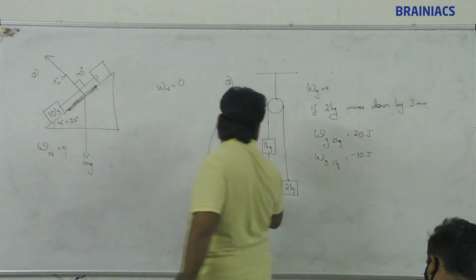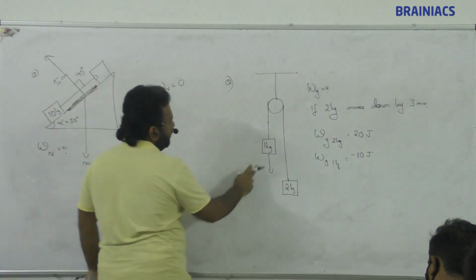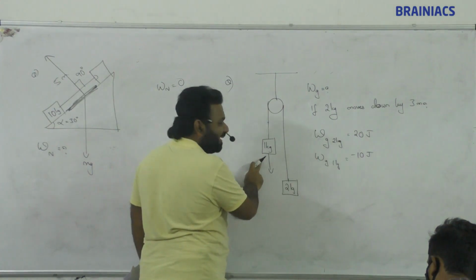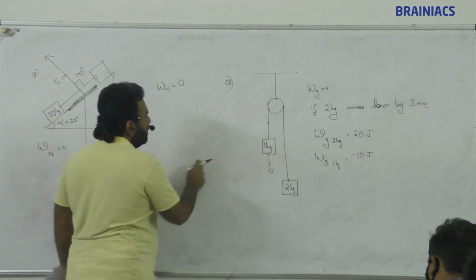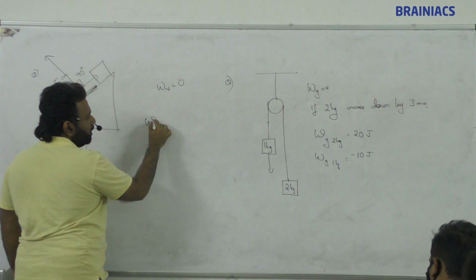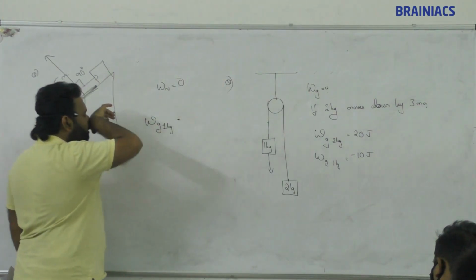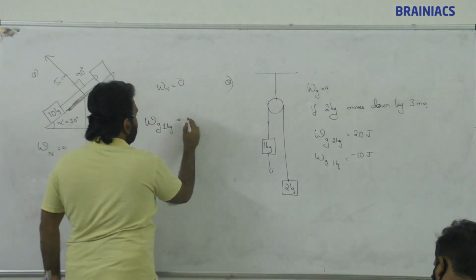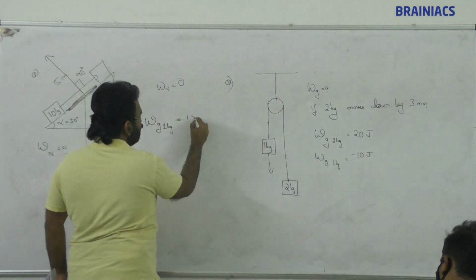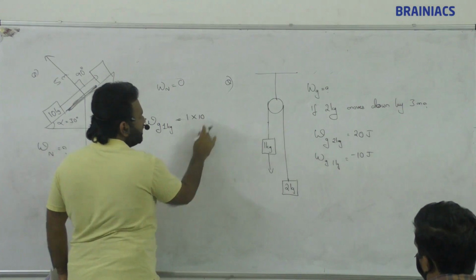Okay, so let us see. If this is 1 kg, then work done by gravitational force on 1 kg is equal to what? mg. What is m? Into g is 10.